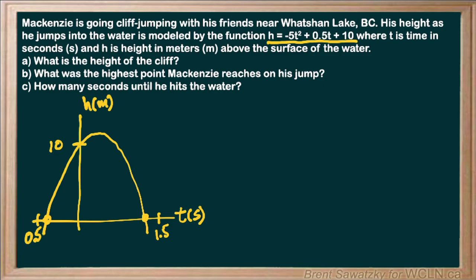So now let's think about this for a second and recognize that if we were to watch somebody jump off a cliff and map out their path, this part over here wouldn't make a lot of sense. And that's totally true. With time being negative, that's not going to make sense in the real world here.